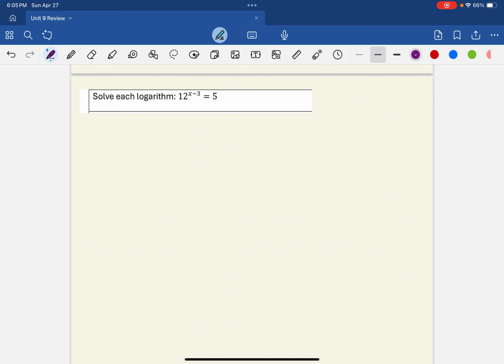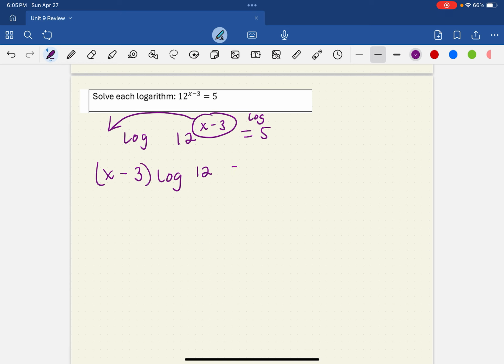12 to the power of x minus 3 equals 5. So remember, in order to get that variable out of the exponent spot, we want to log both sides. Okay, so when I do log 12, x minus 3 can actually come to the front using power rule. Equals log 5.